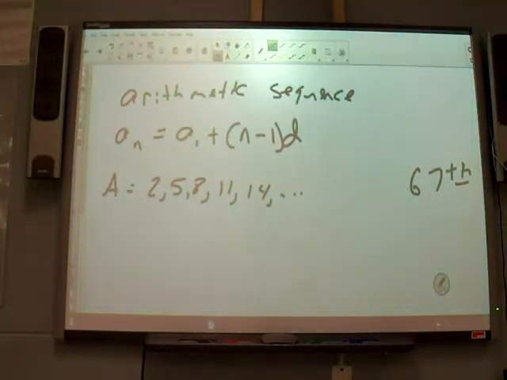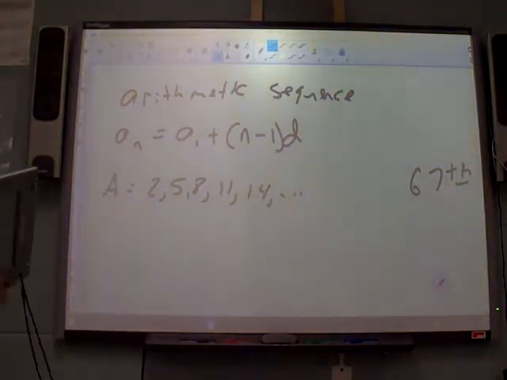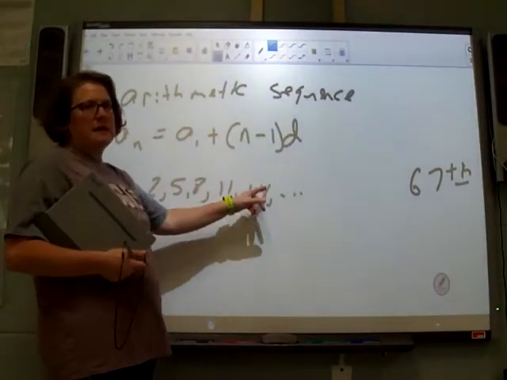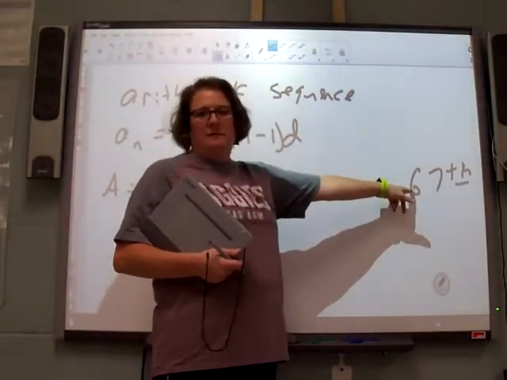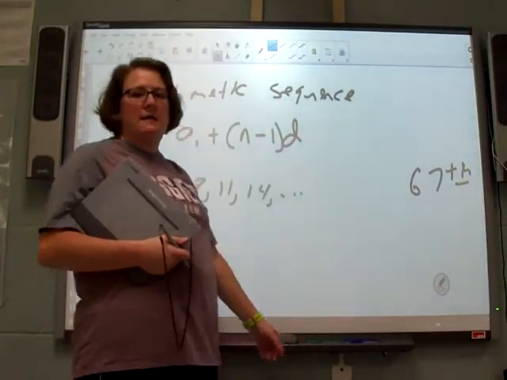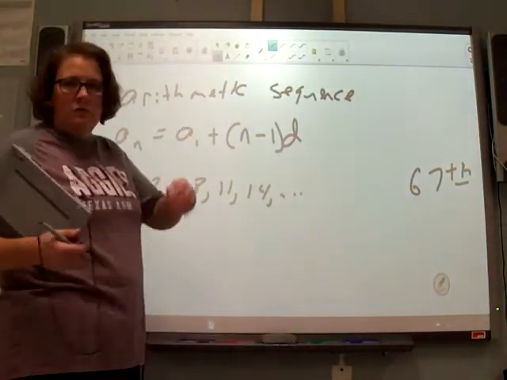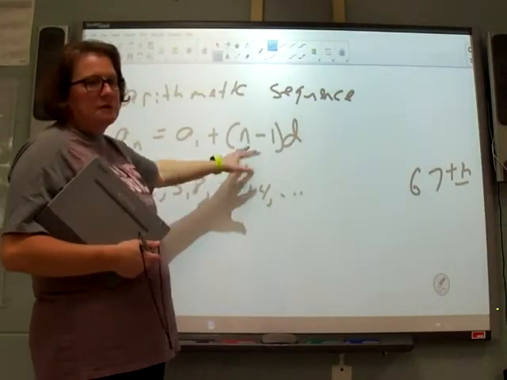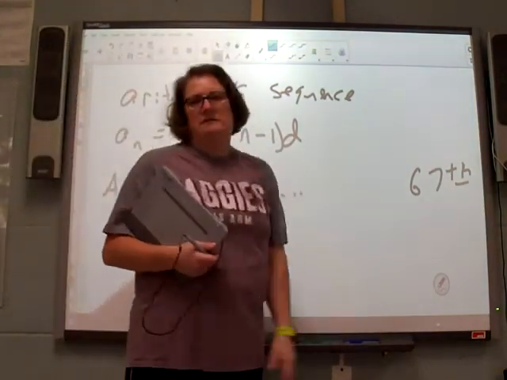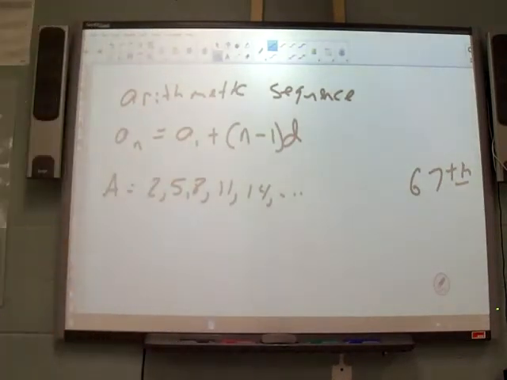Now I could, and you could too, keep adding. You know the difference, it's adding 3 every time. You could keep adding 3 and keep that pattern going until you've listed 67 numbers. It's not impossible, and it wouldn't take some of y'all very long. But let's see if we can figure out how to use this formula so that we don't have to list out 67 terms to get there.